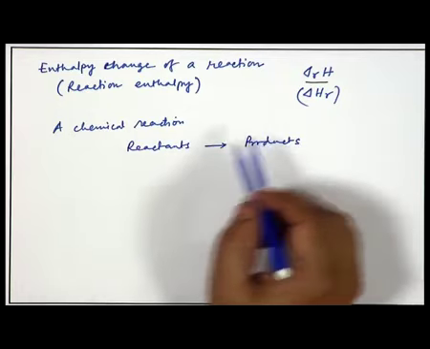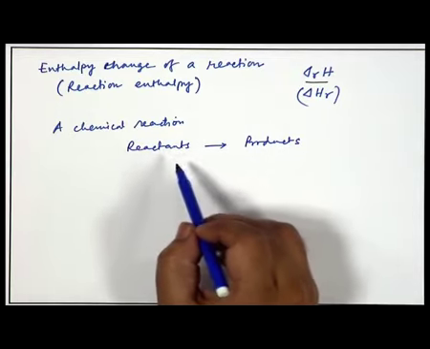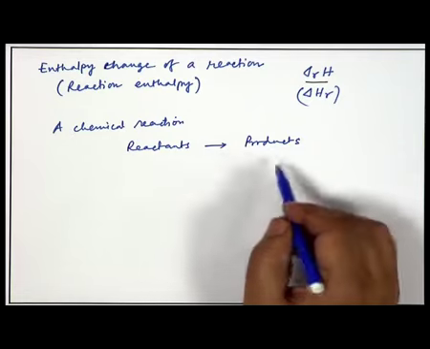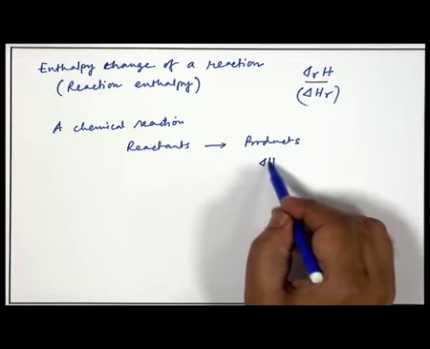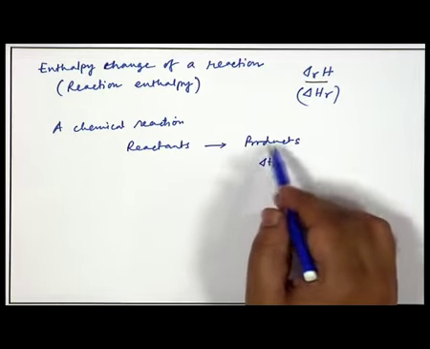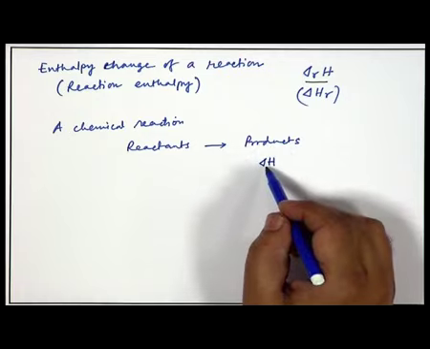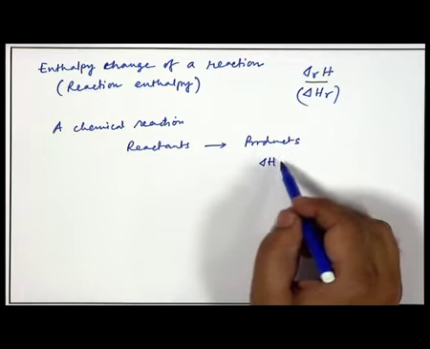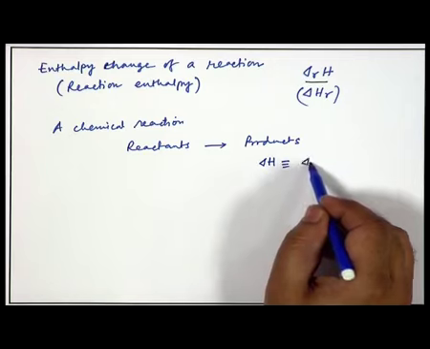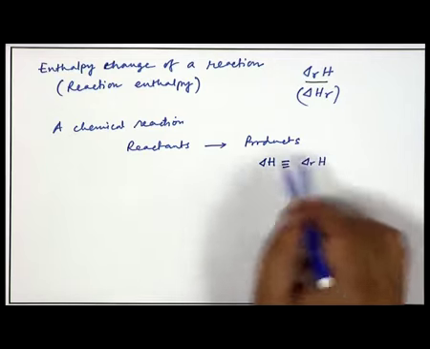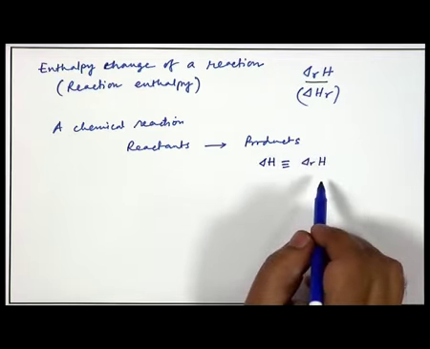So, by doing the reactions or by transforming reactants to product, there should be a change in enthalpy between the products and reactants. That enthalpy change is what we call the enthalpy of reaction or reaction enthalpy.